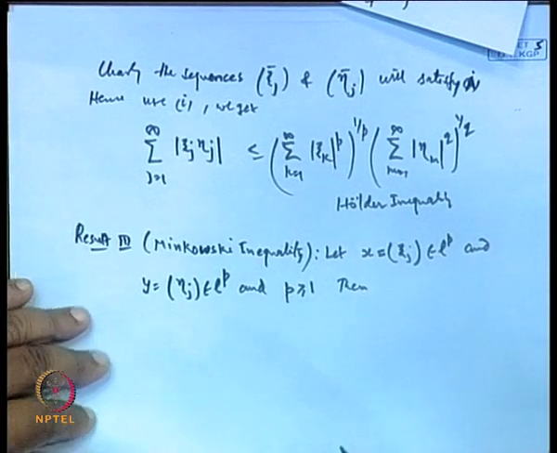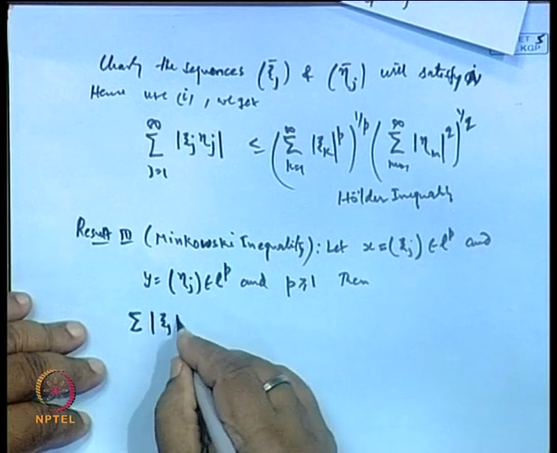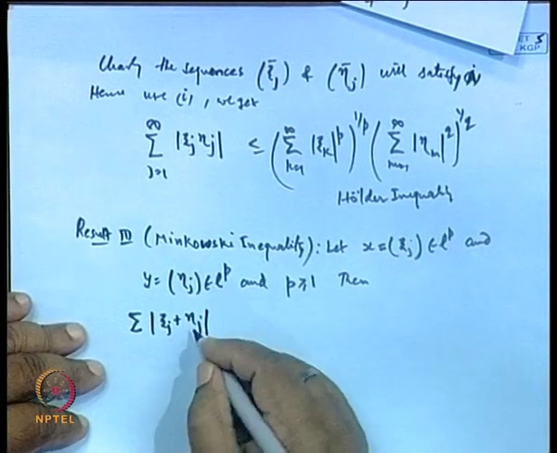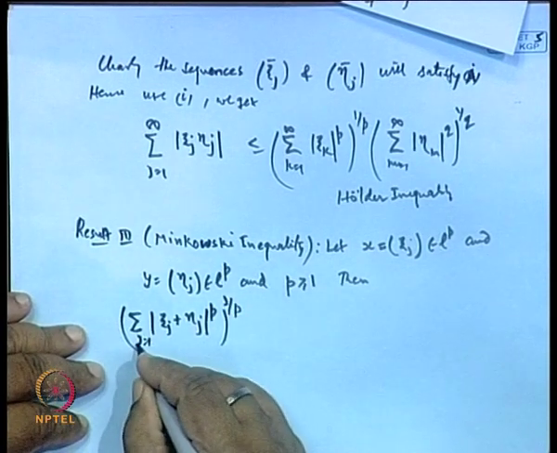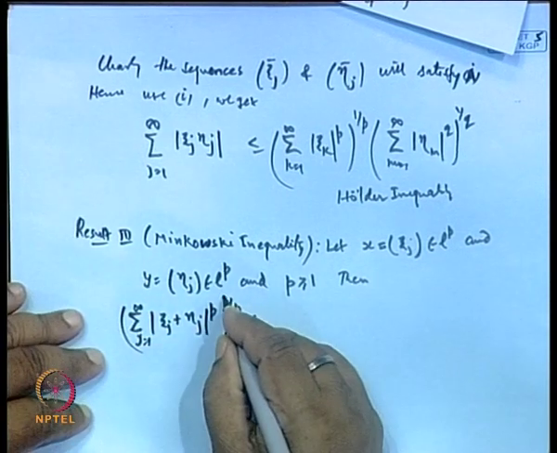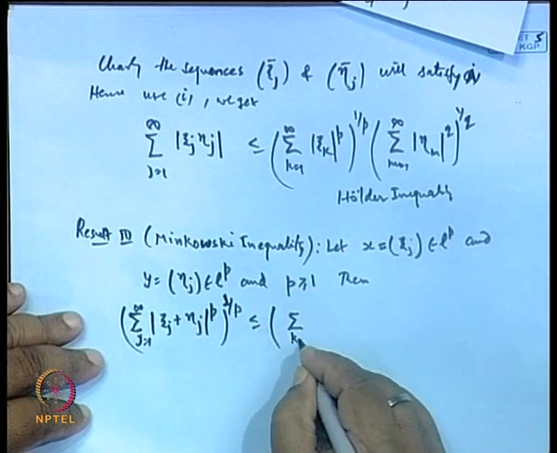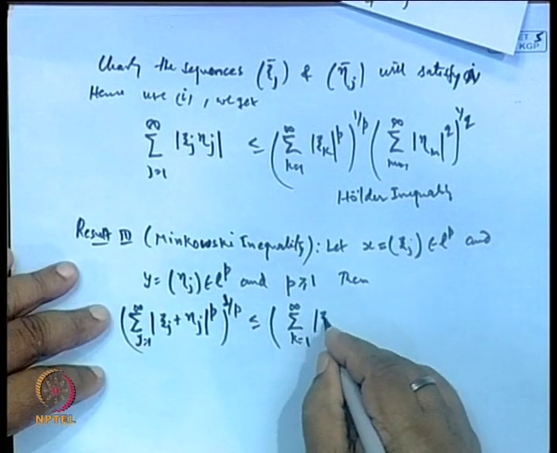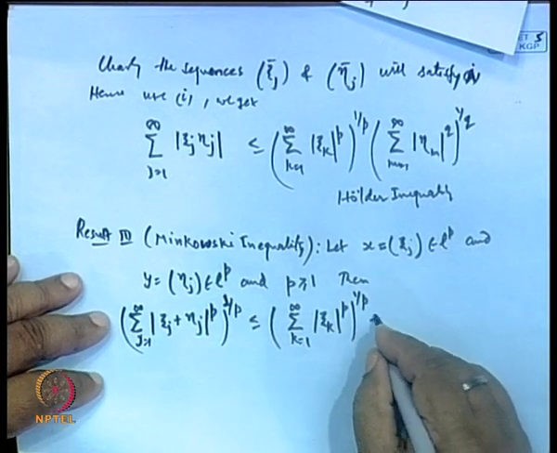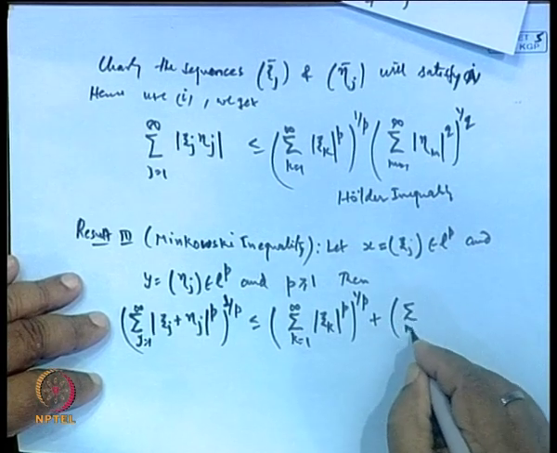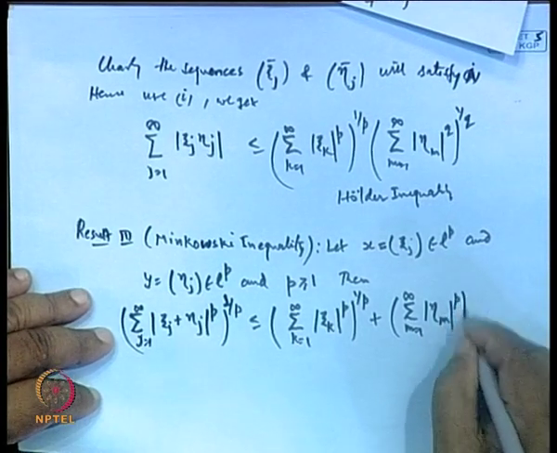Then the Minkowski inequality says that the sum of |ξ_j + η_j|^p, to the power 1/p, where summation is taken over j from 1 to infinity, is less than or equal to the sum over k equal to 1 to infinity of |ξ_k|^p to the power 1/p, plus the sum over m from 1 to infinity of |η_m|^p to the power 1/p.